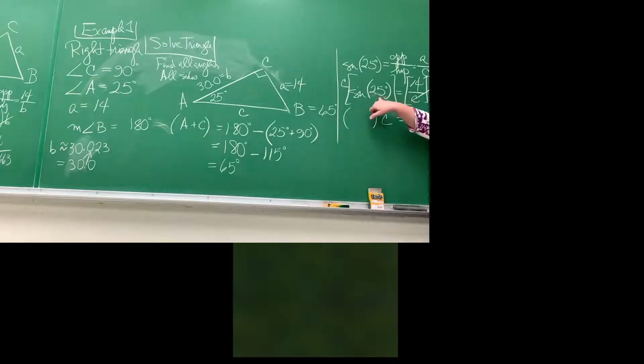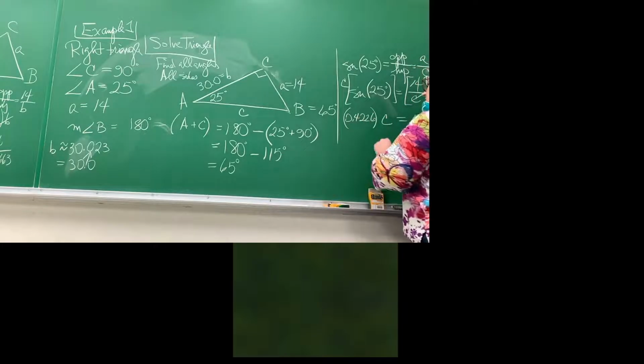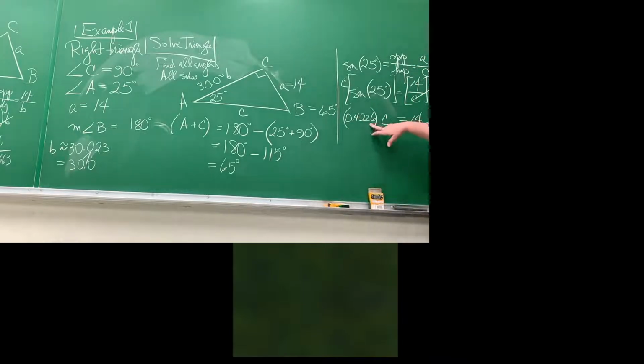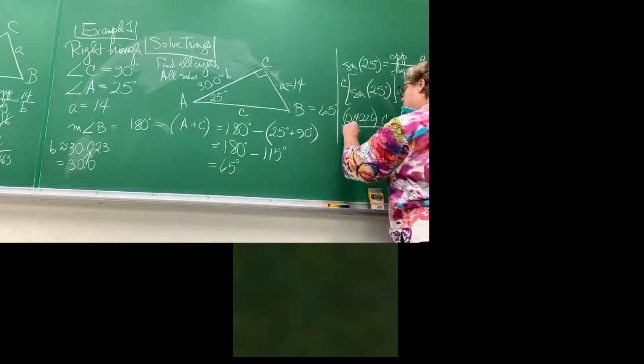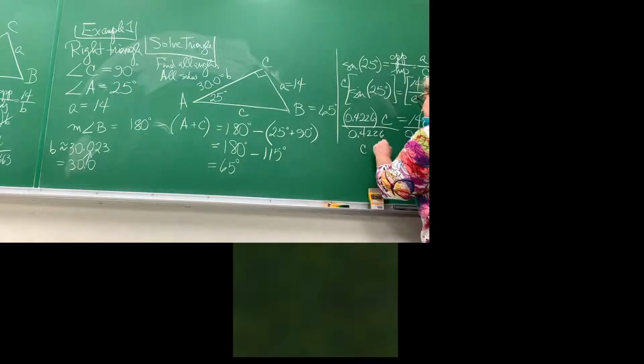So we get that the sine of 25 times c is equal to 14. And to 4 decimal places, what is the sine of 25? 0.4226. And the other one's 1, so it's rounded. So we're going to leave it here? Yeah. Okay, great. And we get that c is approximately, was I wrong?